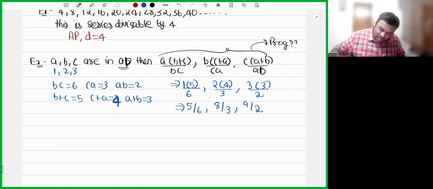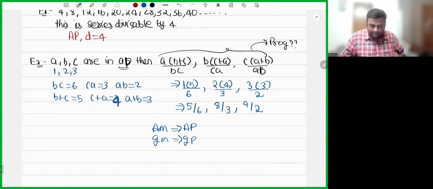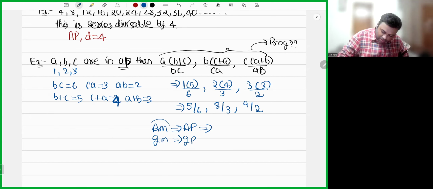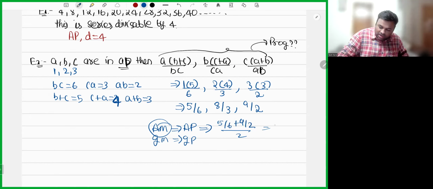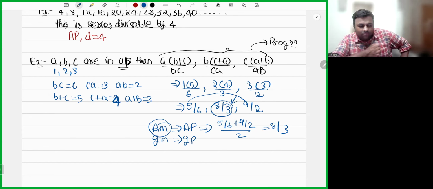How will you check? If they are following arithmetic mean, they are in AP. If they are following geometric mean, they are in GP. 5 by 6 plus 9 by 2, whole divided by 2, is 2.666. 8 by 3 is 2.666. They are following arithmetic mean. The arithmetic mean of these two terms gives you the middle term, so I am telling they are in AP.